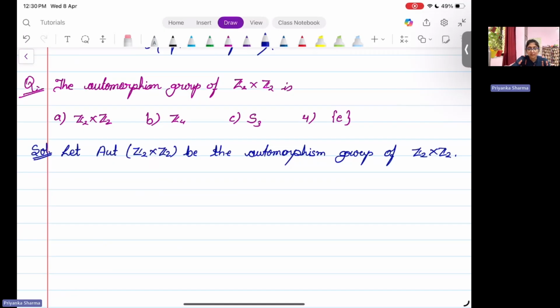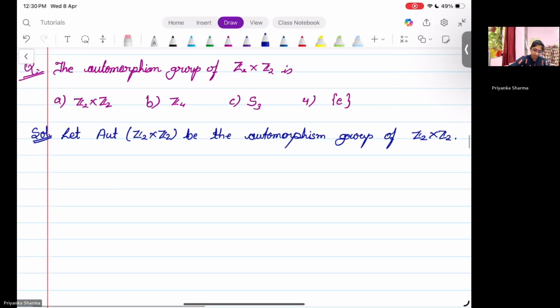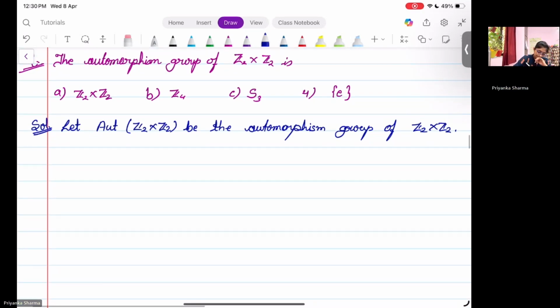Now here we need to consider all the automorphisms, not only the inner automorphisms. So what can it be? Actually, Z mod 2Z cross Z mod 2Z, or Z2 cross Z2.